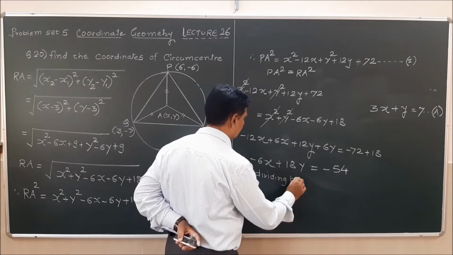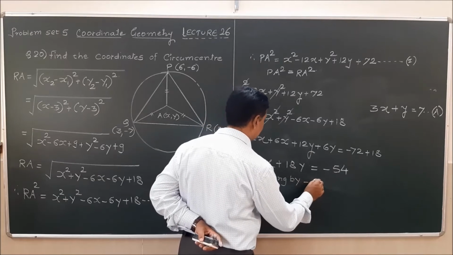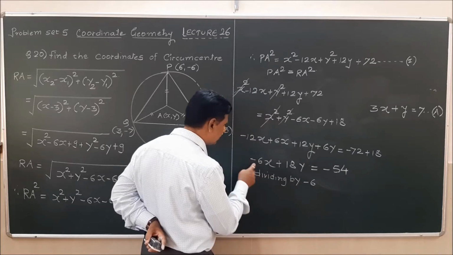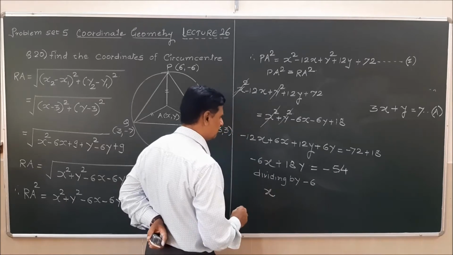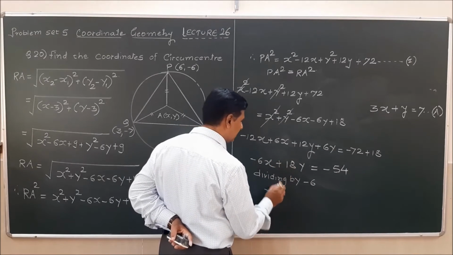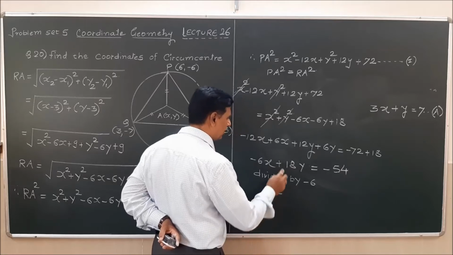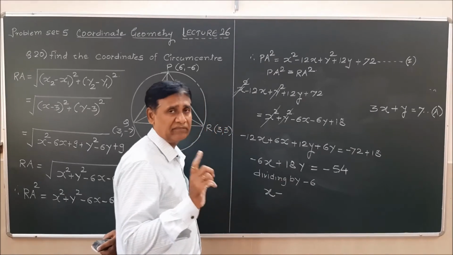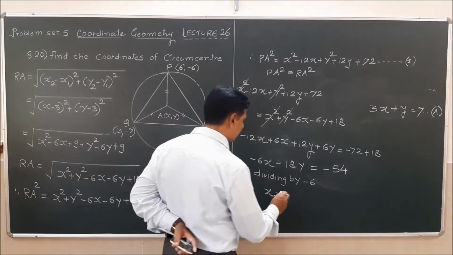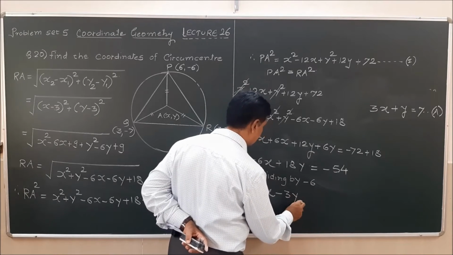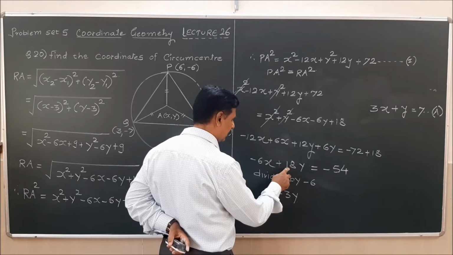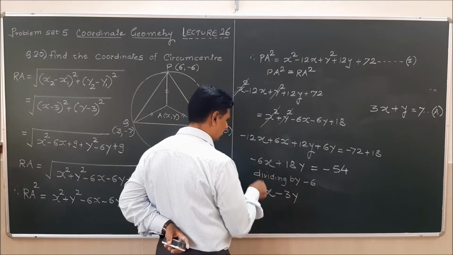Dividing by minus 6. So minus into minus is plus. 6 3s are 18, but this plus will become minus. Be careful here now. 6 3s are 18. 6 1s are 6.